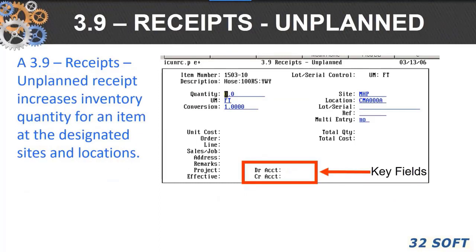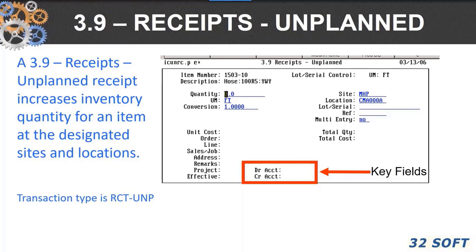3.9 unplanned receipts. This is the ability to put inventory into a designated area wherever you want. These are key fields for the unplanned receipt because this RCT-UNP needs to know what general ledger accounts are going to be used.